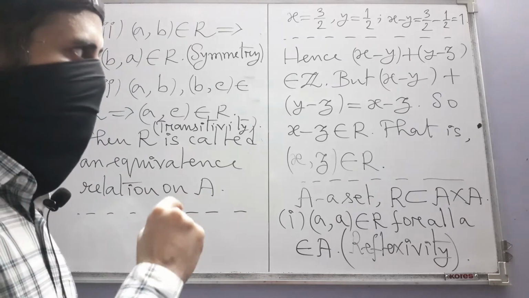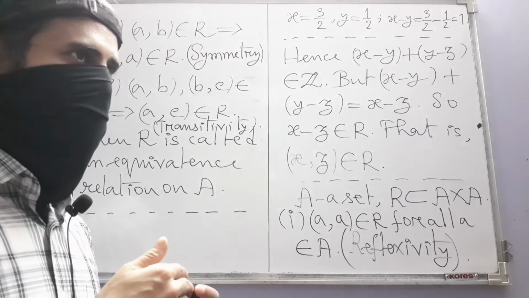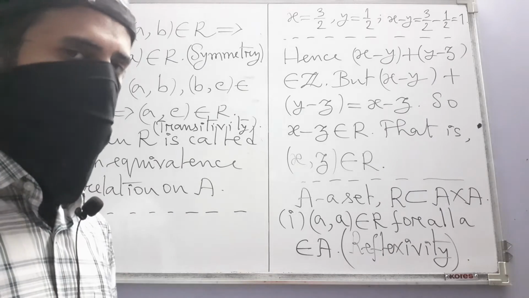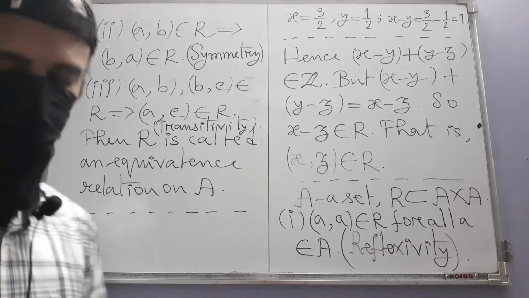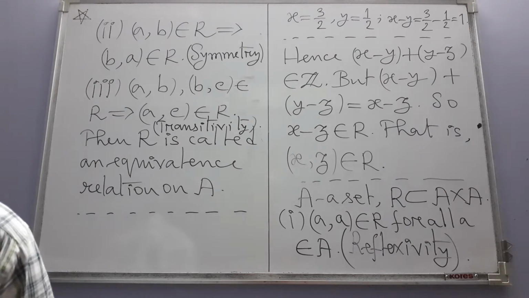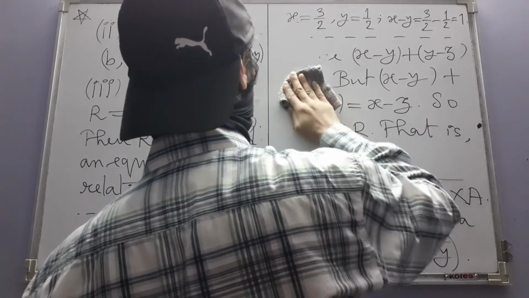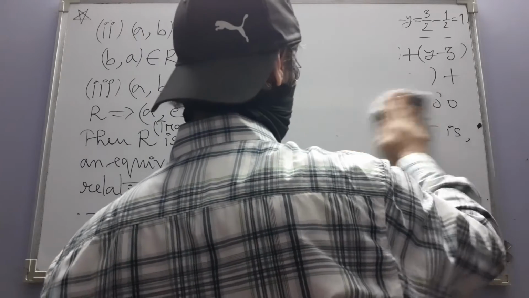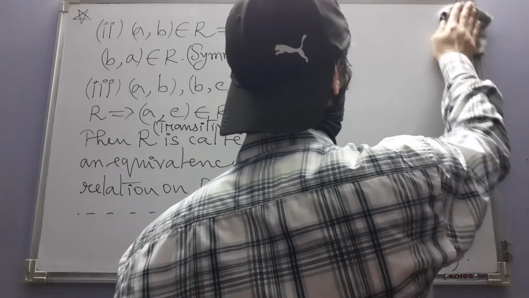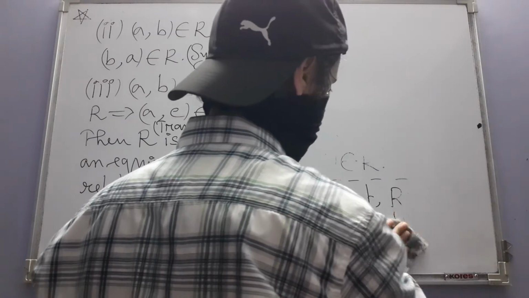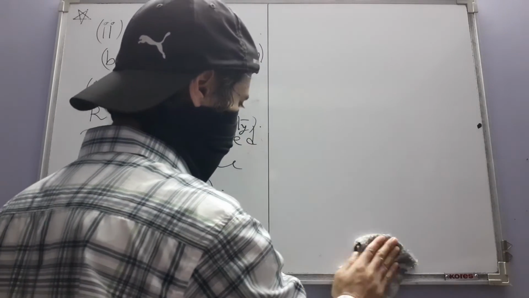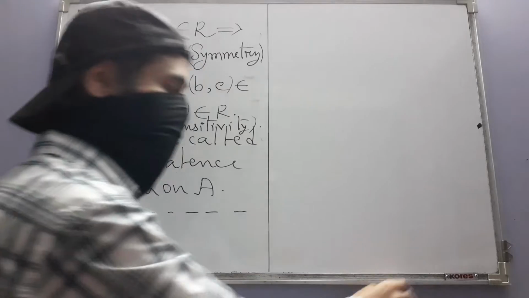And this relation relates rational numbers only when their difference is an integer. So let's now see what comes next. Equivalence relations are, in a sense, a generalization of equality, ordinary equality.